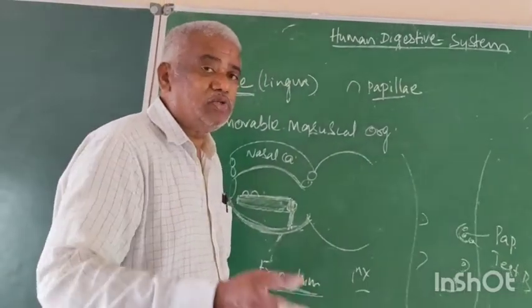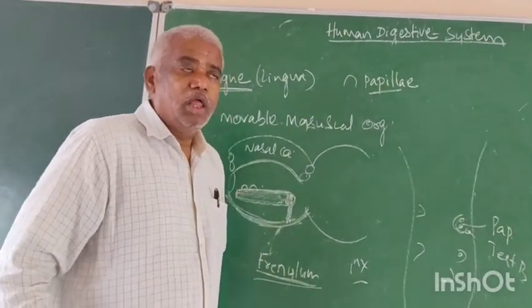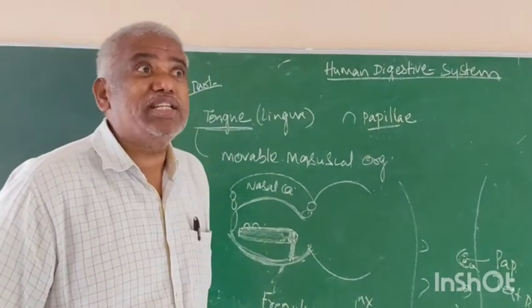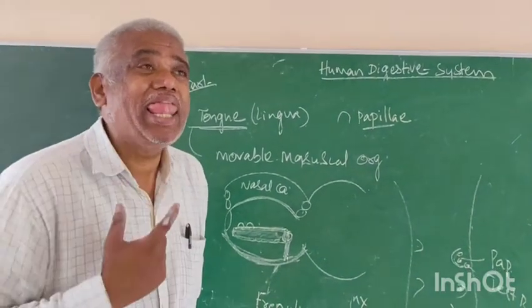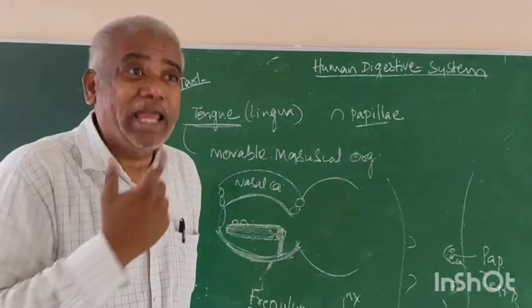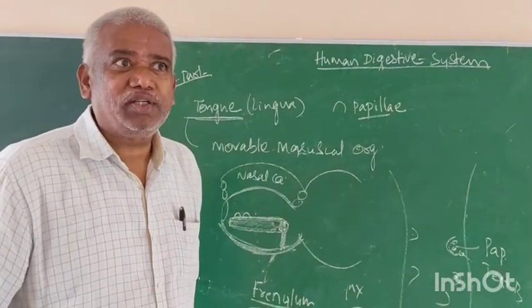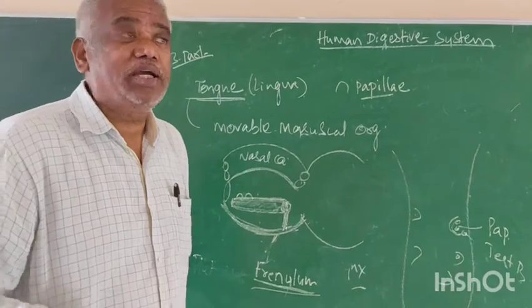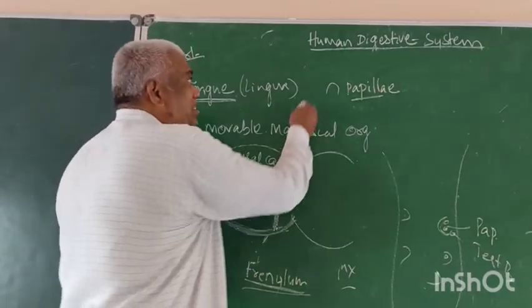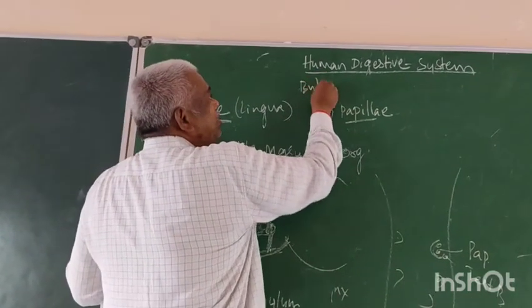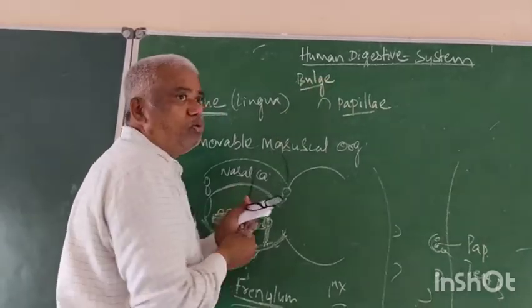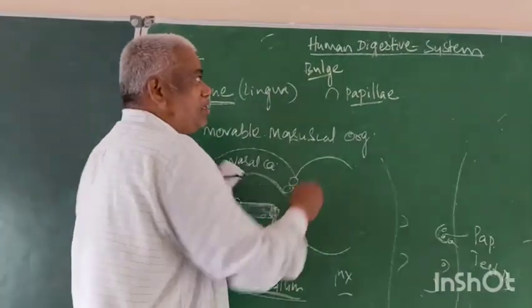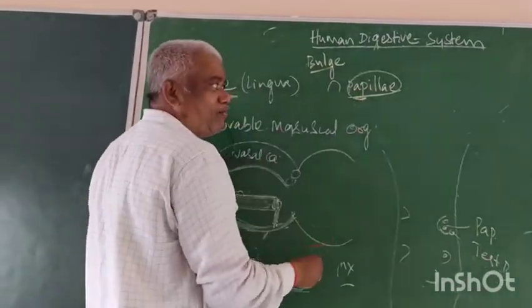Once again, you see in the video. Now I am showing the lower surface of the tongue. This is the upper surface. The upper surface of the tongue contains bulges. These bulges are called papillae.